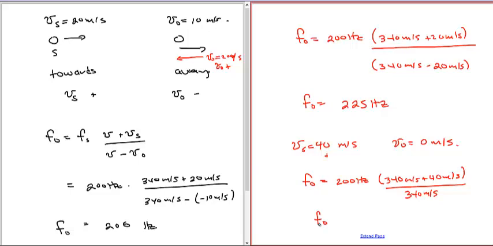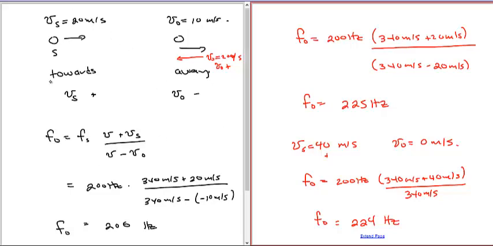And you get 200 times 380 divided by 340, and you get 224 hertz. So it's not exactly the same, which is kind of interesting because you'd almost expect it to be that way. But it doesn't exactly equal that. But it's pretty darn close.